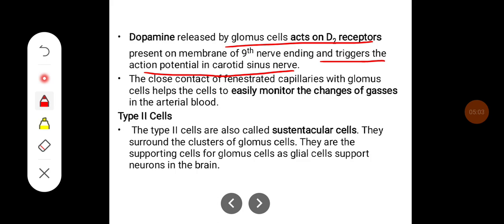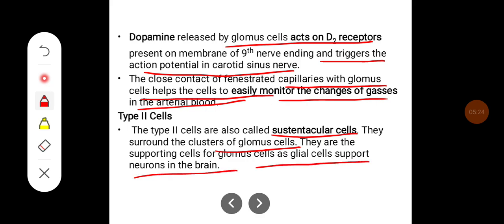The close contact of fenestrated capillaries with glomus cells helps the cell to easily monitor the changes in the gases in the arterial blood. Type 2 cells are called sustentacular cells, they are supporting cells. They surround the clusters of glomus cells. They are supporting cells of glomus as glial cells support neurons in the brain.